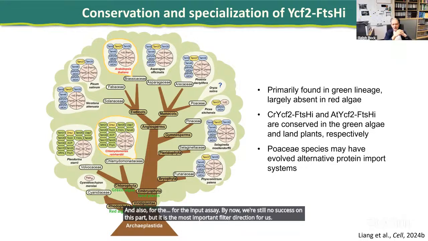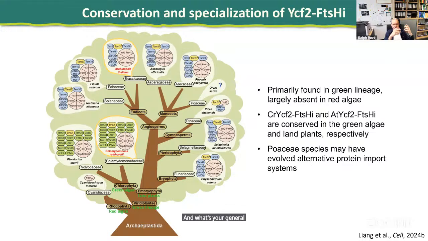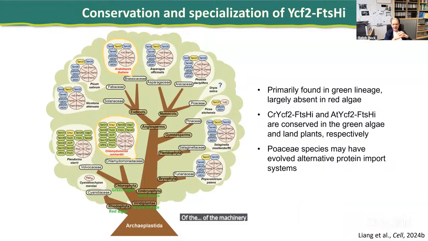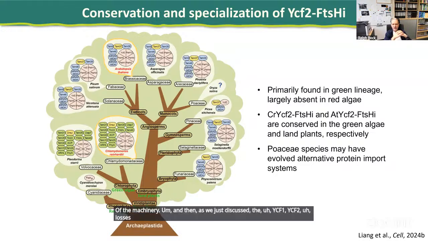And what's your general thinking on the evolutionary dynamics and flexibility of the whole apparatus? I mean, as you showed already between Chlamydomonas and Arabidopsis, there are some differences, especially in the auxiliary components of the machinery. And then, as we just discussed, the YCF1, YCF2 losses in some lineages.